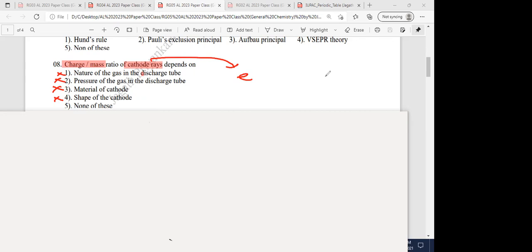Whatever the gas, actually what happens inside the cathode ray tube: if you have hydrogen gas inside this tube, under high pressure it becomes atoms, right?